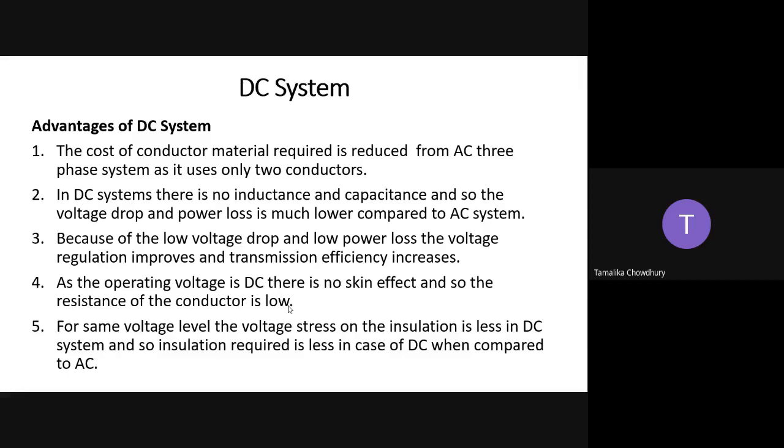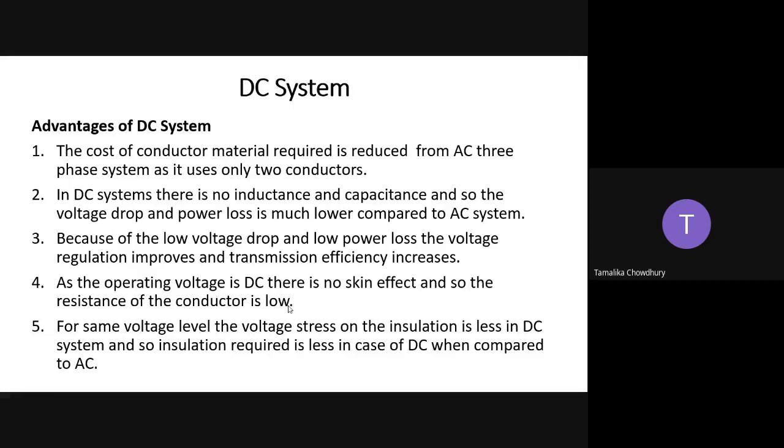Second is that in DC system, there is no inductance, no capacitance. As I was saying, in AC, due to inductance and capacitance, there are a lot of problems. So for AC, that solution is in DC, where there is no inductance and capacitance, and so the voltage drop and the power loss is also much lower compared to AC. Third point says that because of low voltage drop and low power loss, the voltage regulation improves and the transmission efficiency increases.